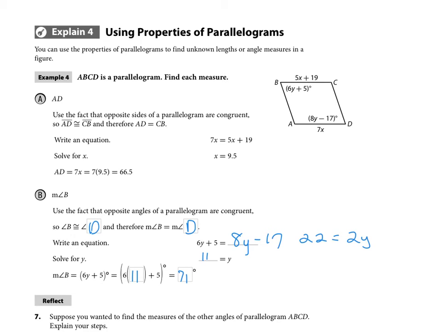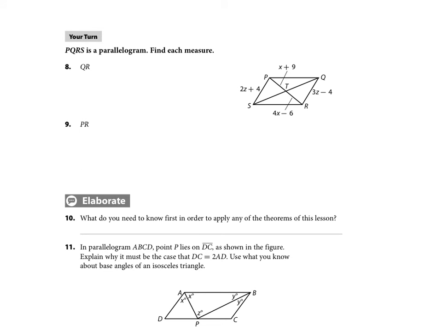I'd like you to go ahead and work through the Your Turn on the facing page, number 8 and 9, and we're going to use the ideas of knowing what a parallelogram does to find each measure. I'll give you a hint. This one talks about our diagonals bisecting each other.